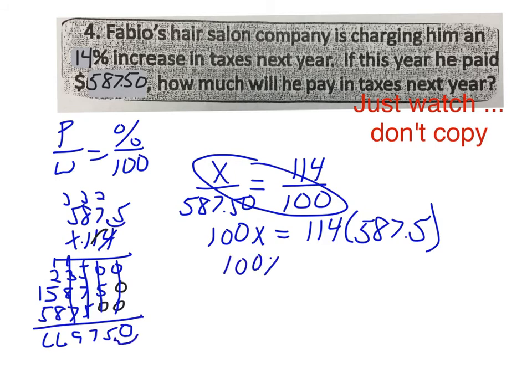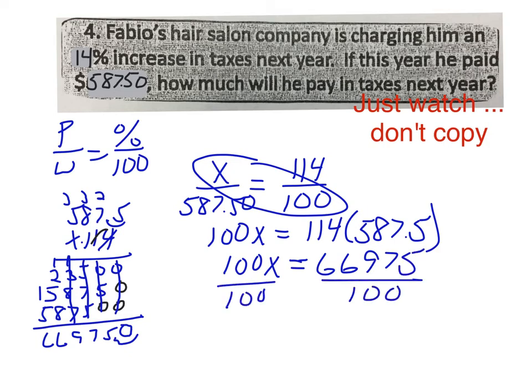So 100x equals 66975. Now divide by 100, divide by 100. So that just means start at the end, divide by 10, divide by 100. So taxes next year, 669.75.